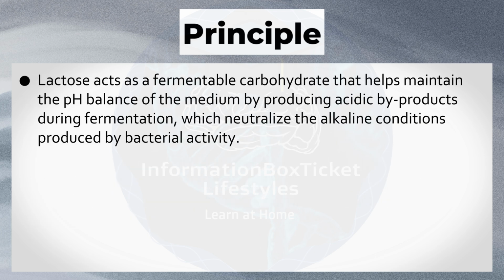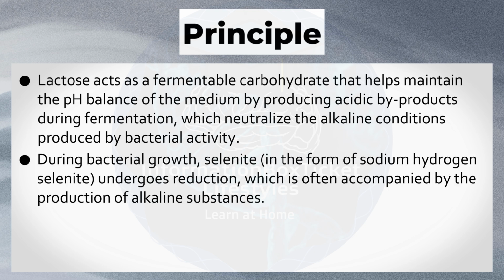Lactose acts as a fermentable carbohydrate that helps maintain the pH balance of the medium by producing acidic byproducts during fermentation, which neutralize the alkaline conditions produced by bacterial activity. During bacterial growth, selenite, in the form of sodium hydrogen selenite, undergoes reduction, which is often accompanied by the production of alkaline substances.